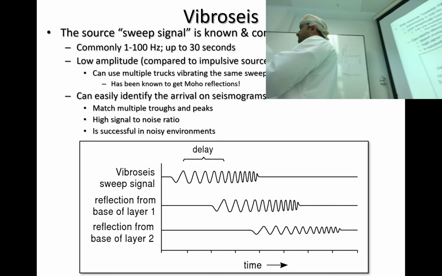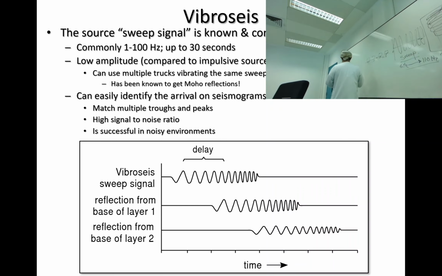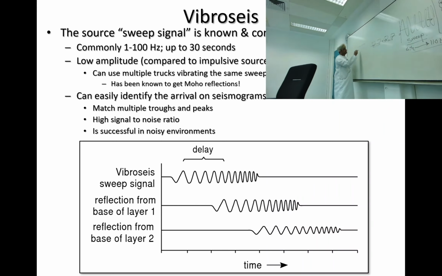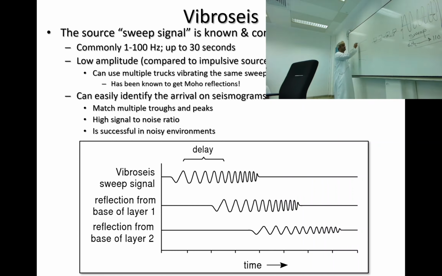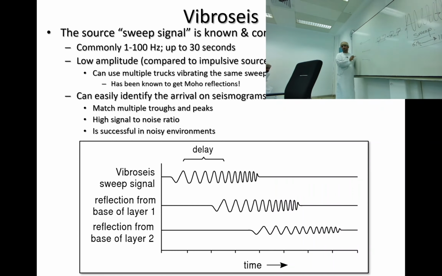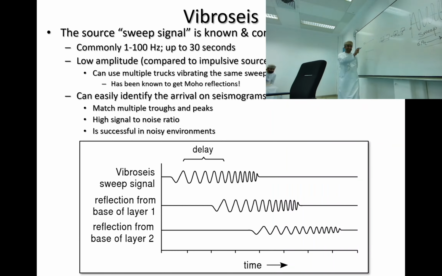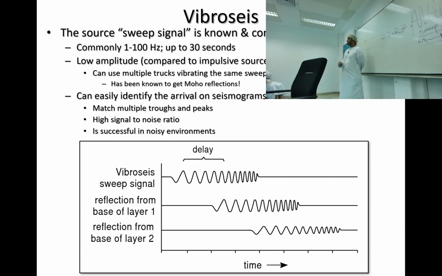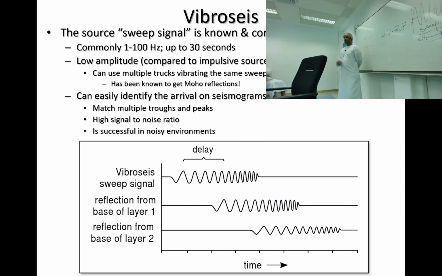So in case I have, let's say, 2 layers, this is my vibroseis. The vibroseis sends this signal, what you see, a sweep. A sweep could be upsweep or downsweep. Which one do you think is easier to deploy, upsweep or downsweep? Upsweep, yes.